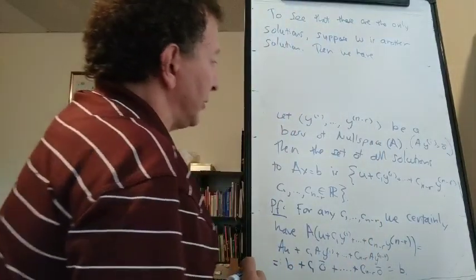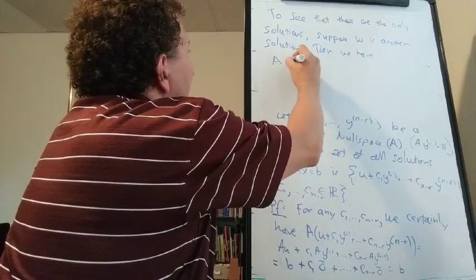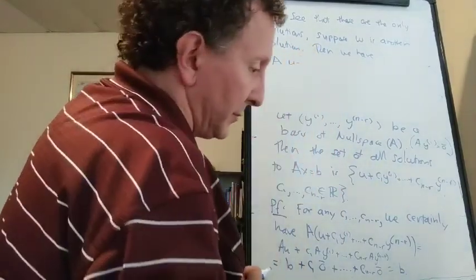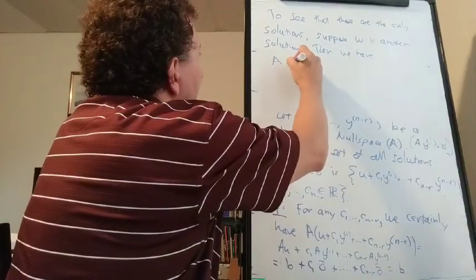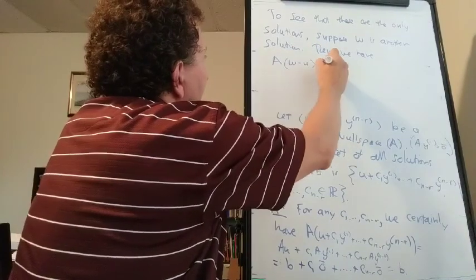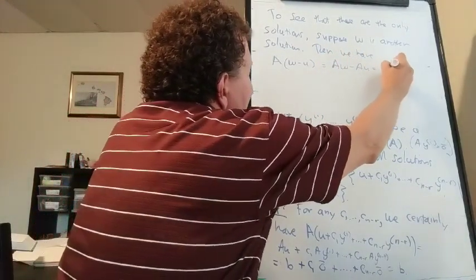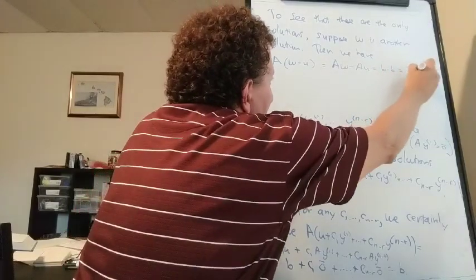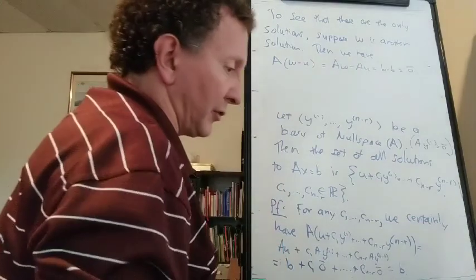So if W is another solution, then we have that A times W minus U equals AW minus AU, which is B minus B, which is 0. So that means that W minus U belongs to the null space.